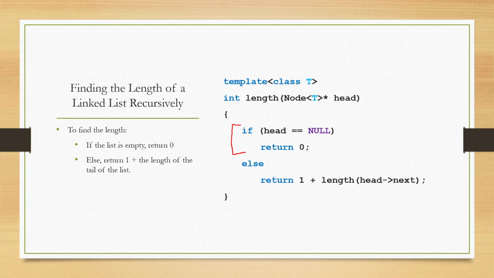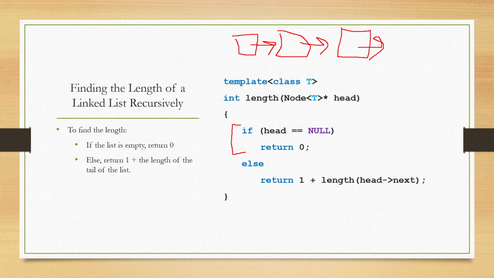So let's say, how would I do this? So let's say I have this node, and this node has something. So the node's going to look like this. So from here is 1. From here is 1. And then I hit null.